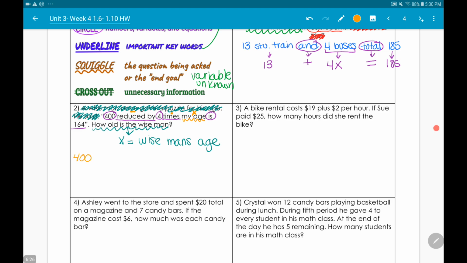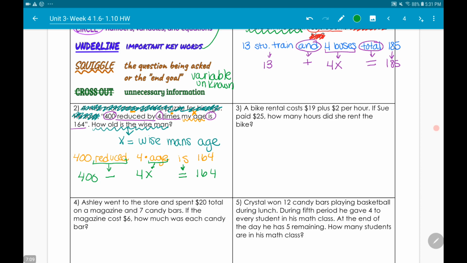So 400 reduced by 4 times the age is 164. So now we translate. Reduced is minus, 4 times the age. We don't know the age, so it's x, is translates to equals 164. Gets brought down and we have 400. All right, so those are my 2 equations.